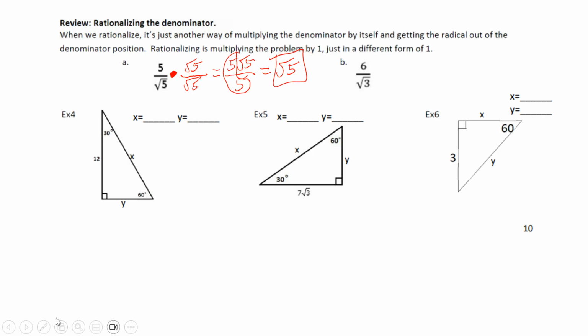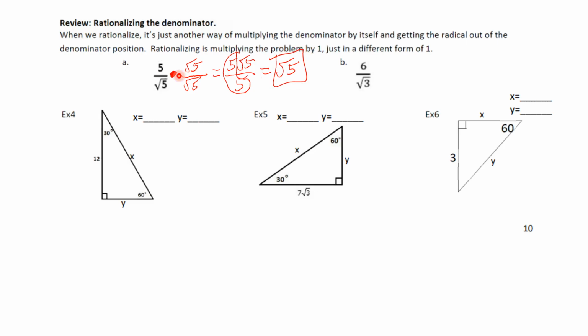So if you get a calculator, okay, and you put 5 divided by root 5 and hit enter, you get some decimal. If you were to type in root 5, hit enter, you get some decimal. And it's the same exact decimal. These guys are the exact same number, okay?